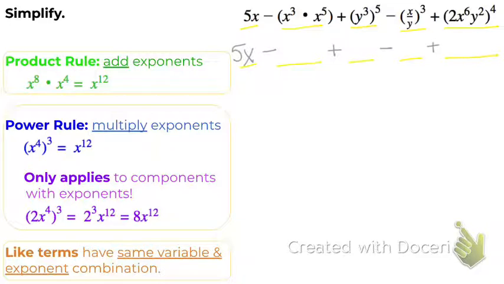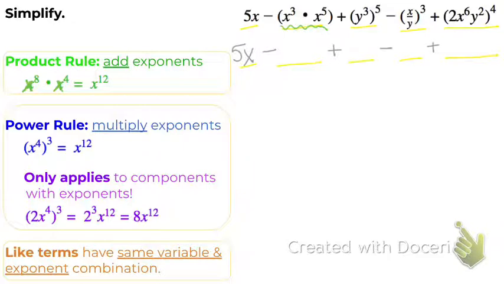If we look at the second one, though, we can simplify this a bit. This is saying x to the third times x to the fifth. When you have two numbers where the bases are the same, so if you look over here in the green example, the bases are the same, they're both x's, but the exponents are different and you're multiplying, what you do is you add the exponents. That's a shortcut.